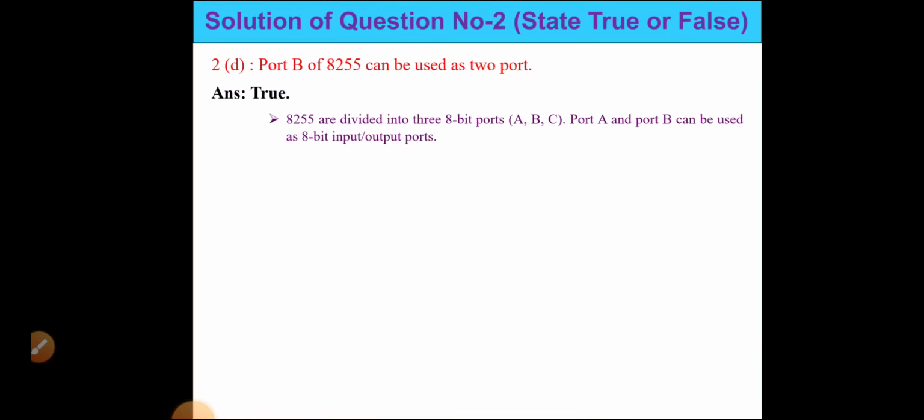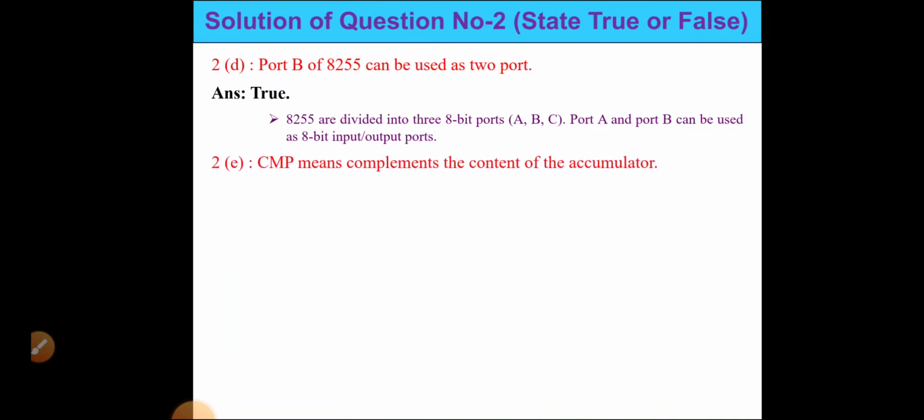Yes, it is true. The 8255 is divided into three 8-bit ports, called A, B and C, and port A and port B can be used as 8-bit input and output ports. That's why it is also called a 2 port.